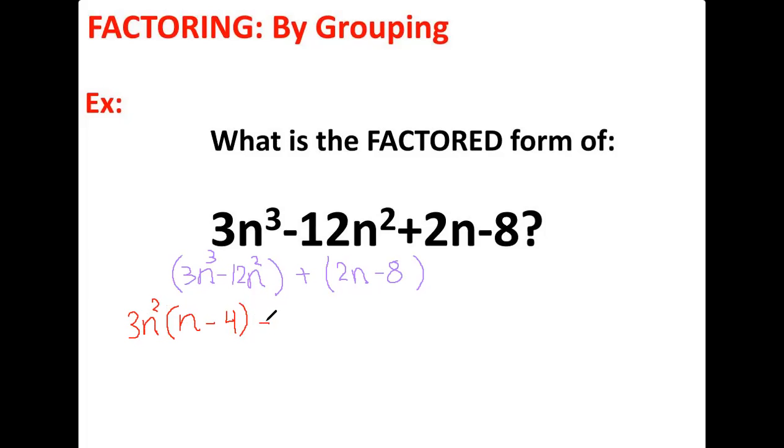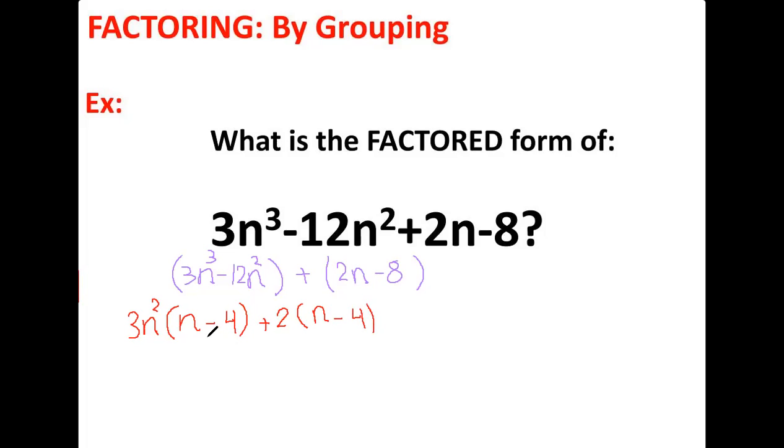Let's move to the next group. I have 2n minus 8. Then 2n minus 8, what is the GCF between them? So I have 2. Then I'm going to open a parenthesis. 2n divided by 2 will be equal to n. 8 divided by 2 will be equal to 4.